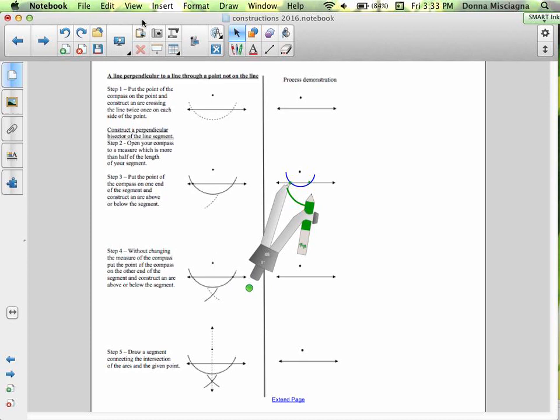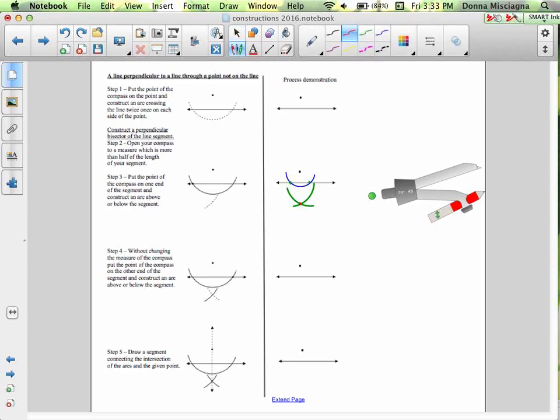We're just going to move it away from that. There we go. All right, so now I'm going to move this out of the way. All right, and you see our two arcs intersect. We're now going to draw a line from the point through the point that we're given and through the point where the two arcs intersect.